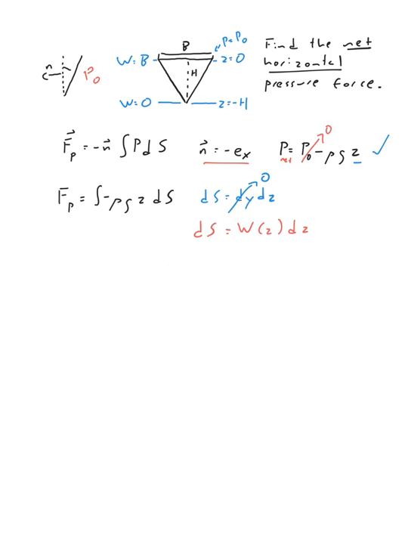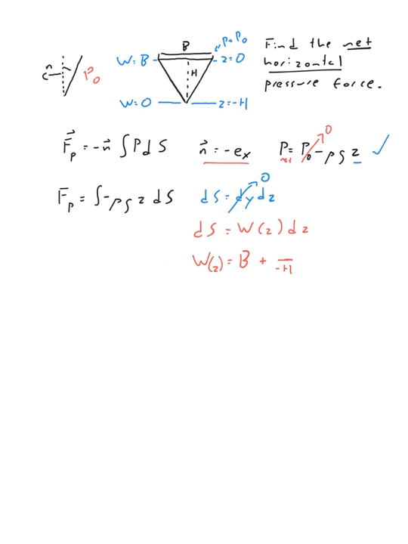All right, and so what is w(z)? I'm just going to sort of figure it out by inspection for right now. I know when z equals 0, w equals b, so that's b. And I know that when z is equal to negative h, which should be 0.